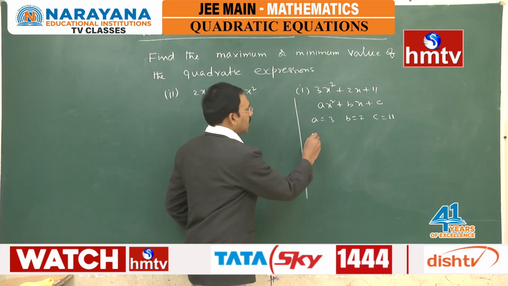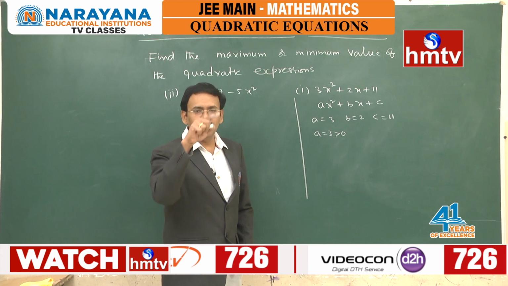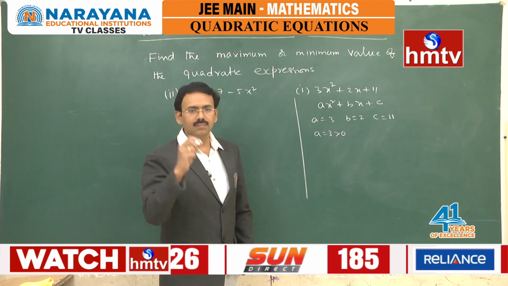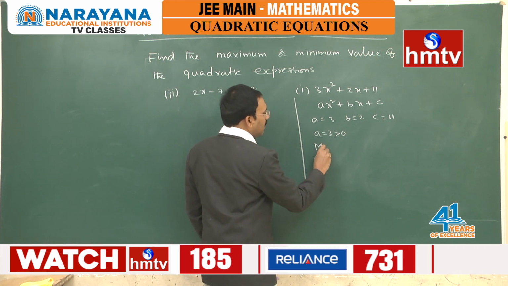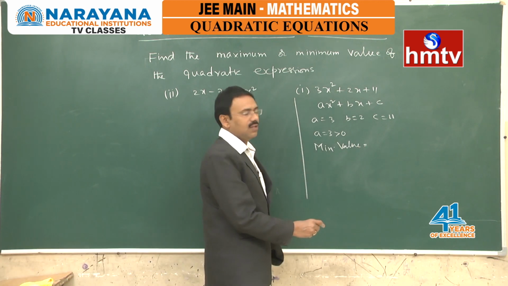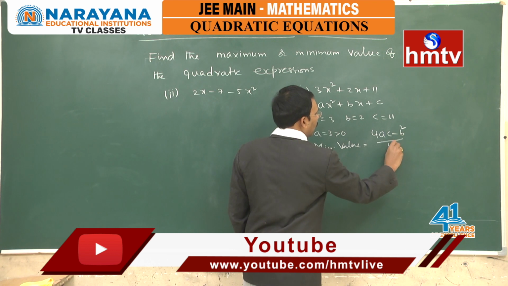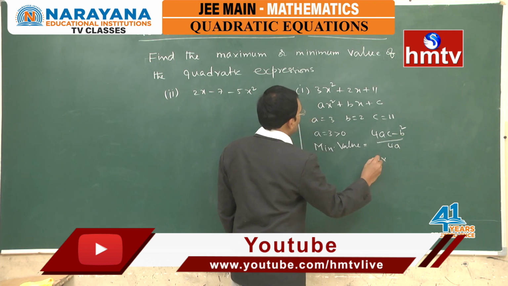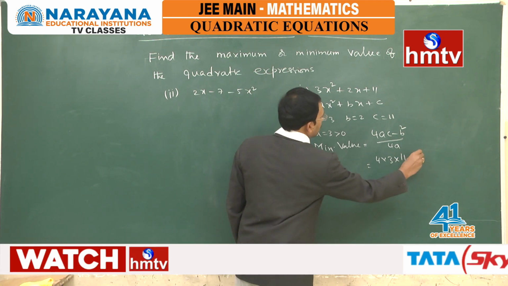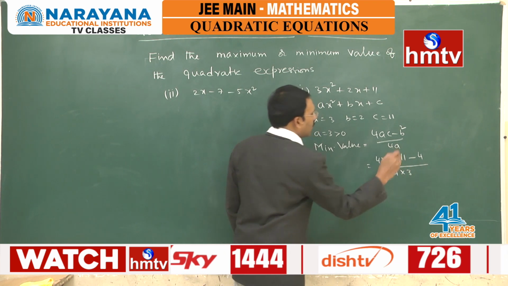Now, as a is equal to 3 is positive, the parabola will be an upper parabola and it will have local minimum. And we know that the minimum value of a quadratic expression is going to be, in this case, (4ac minus b square) by 4a, which is 4 into 3 into 11 minus 4, by 4 into 3.